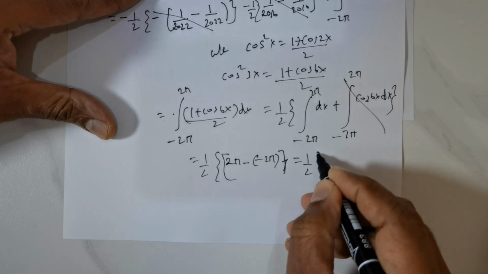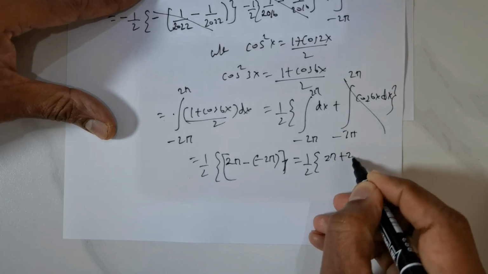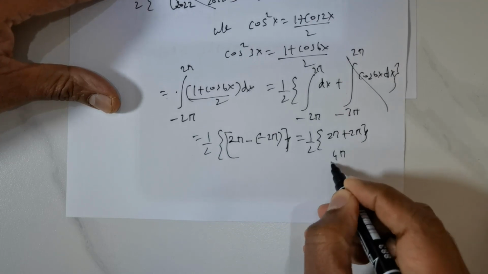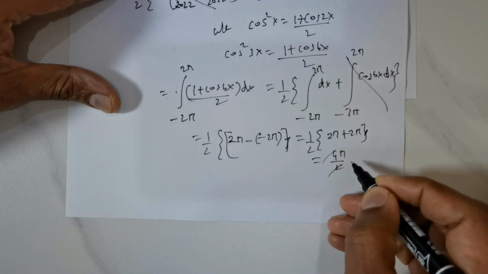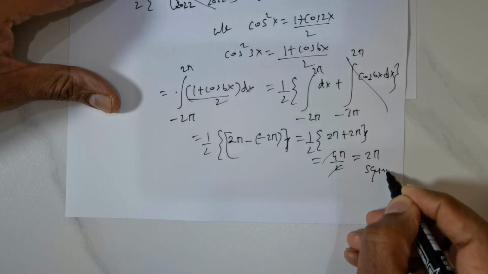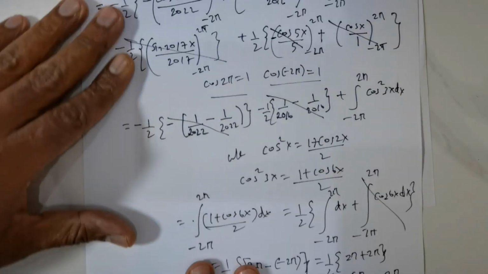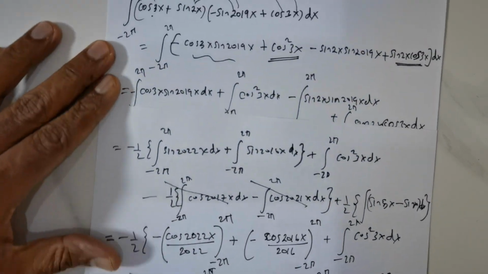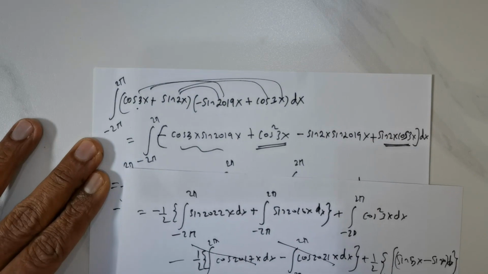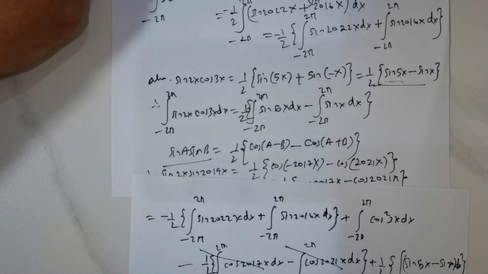So this is going to be 1 over 2 times 2 pi plus 2 pi, that is going to be 4 pi divided by 2. 2 cancels here 2 times, so it's going to be 2 pi square units. So that's going to be the solution for this beautiful question. This question looks so much innocent, but you see the working that has to be done.